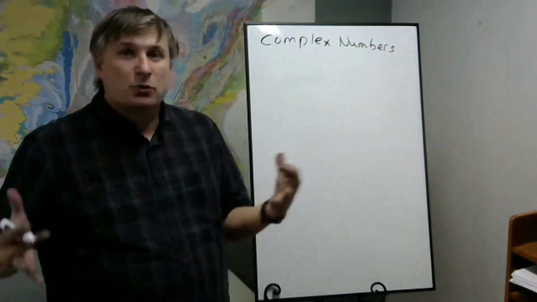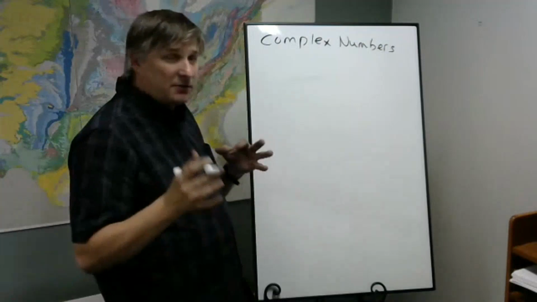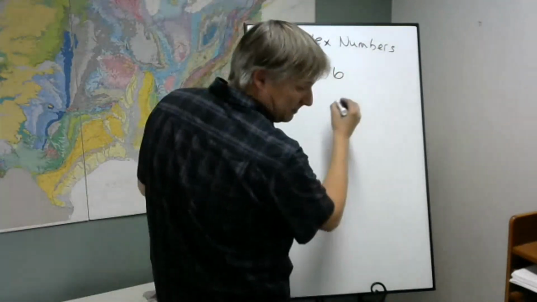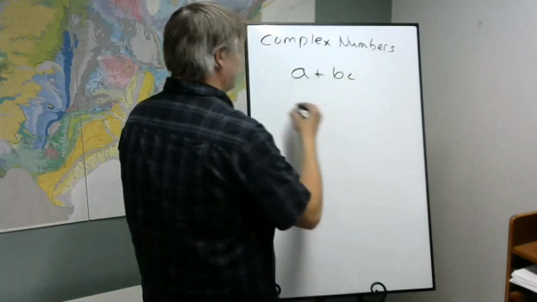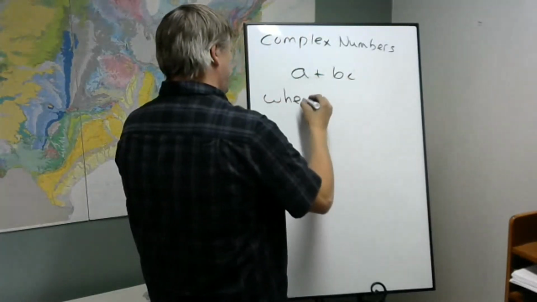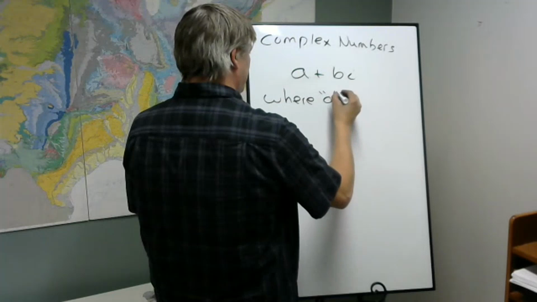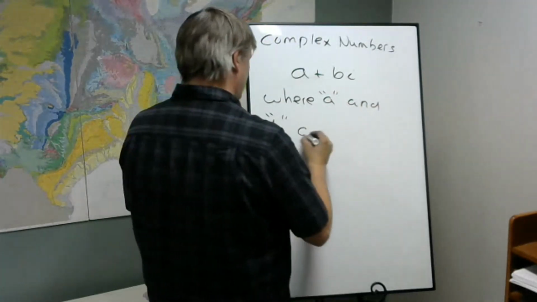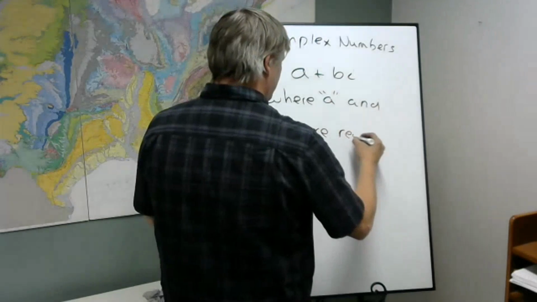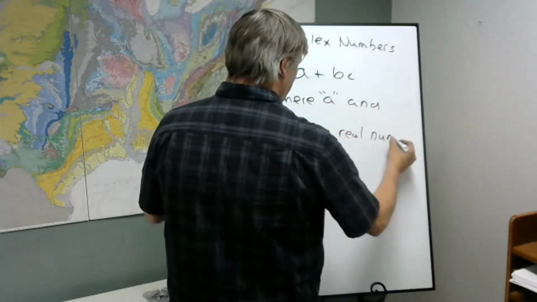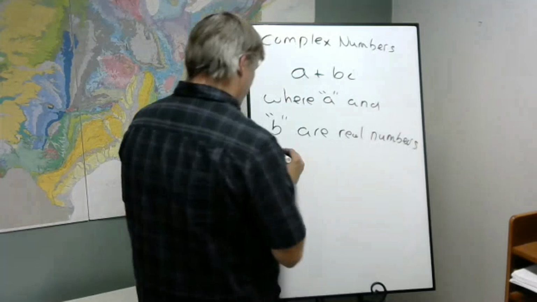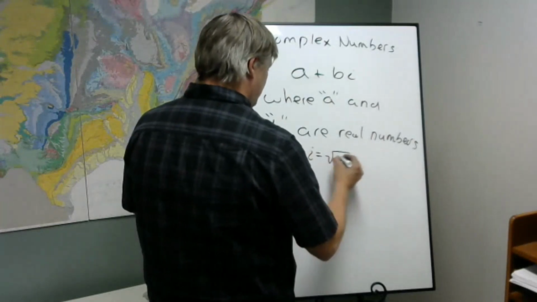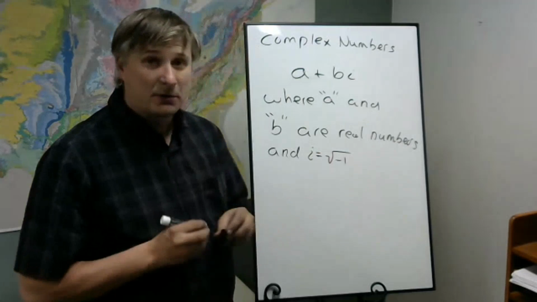This is the biggest group of numbers that are out there, and they're of this form: A plus BI, where A and B are real numbers, and I is the square root of -1.